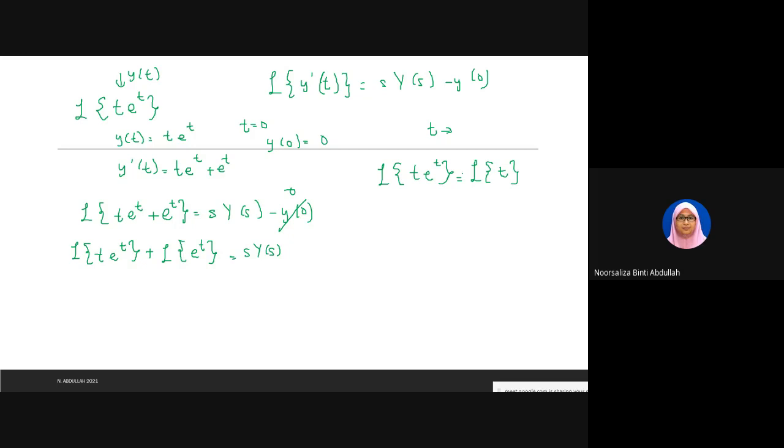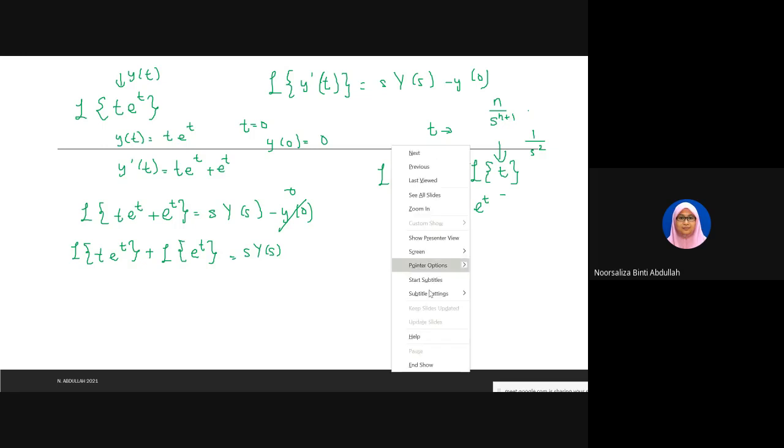This one is actually exponent t. So you find the Laplace for t. Laplace for t is actually n over s^(n+1). So this one n equals to 1, so this one will be 1 over s squared.